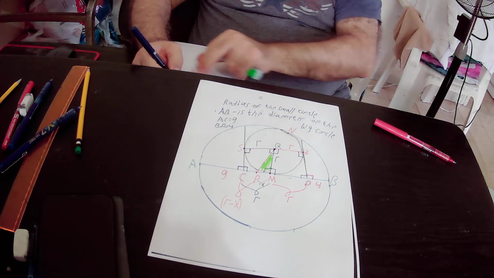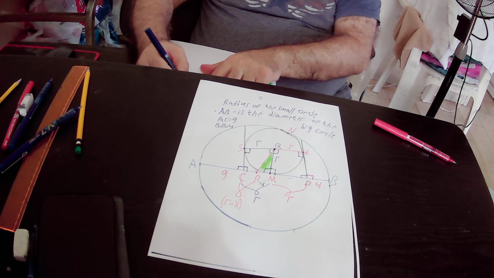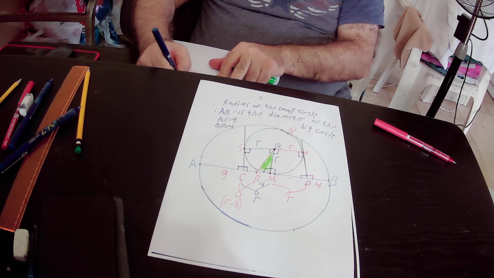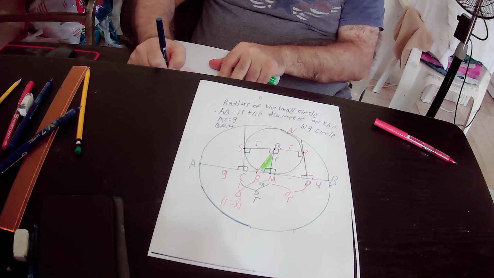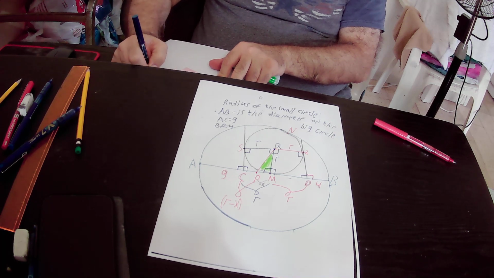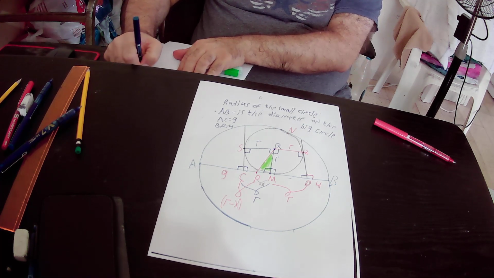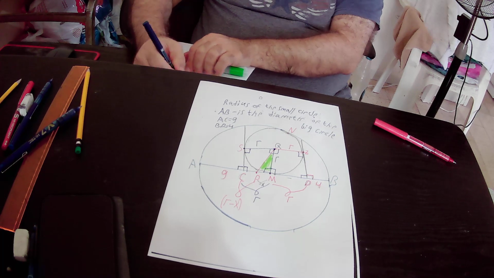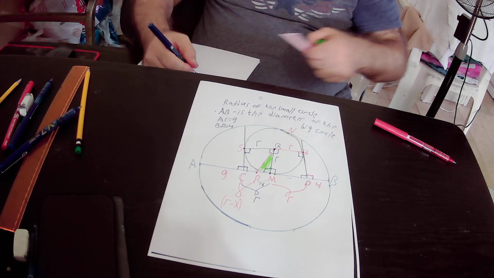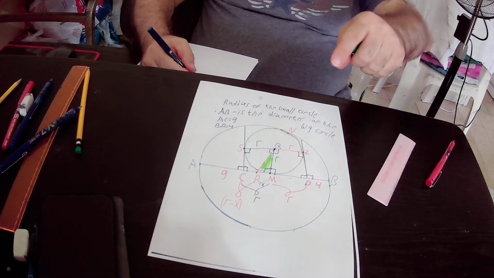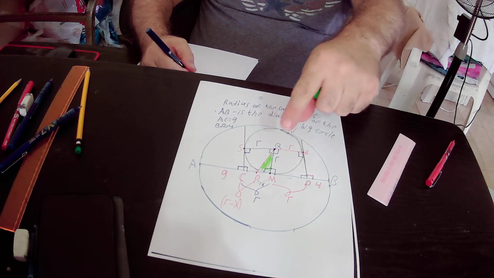According to the Pythagorean theorem, the square of the hypotenuse equals the sum of the squares of the perpendiculars.